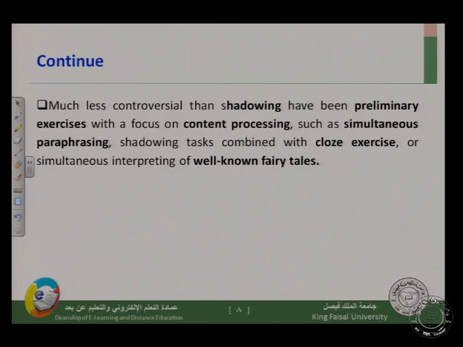You can also do paraphrasing. In other words, you explain and repeat what the content is about in your own words. All these exercises help you to improve yourself if you want to practice them.